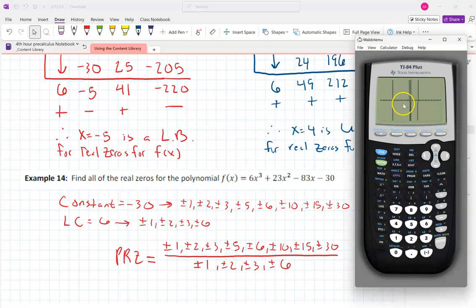If I look at those x-intercepts, if I count my tick marks, 1, 2, 3, 4, 5, this one looks like -6. And then something in between -1 and 0, and then something in between 2 and 3.